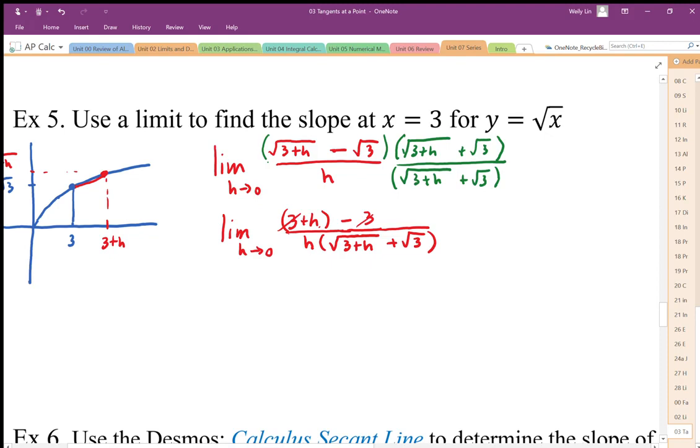Well, these 3's cancel out. I'm just left with an h in the numerator. Well, that's great. That's exactly what I wanted. That's a factor of h, which will cancel with the denominator h. So this is going to look like this. Limit as h goes to 0. Maybe I'll do a couple steps here. So the 3's cancel out.